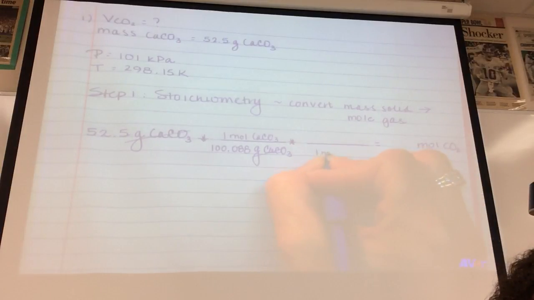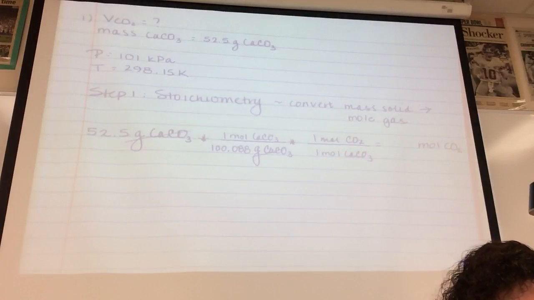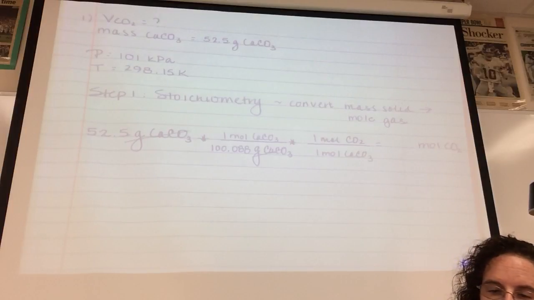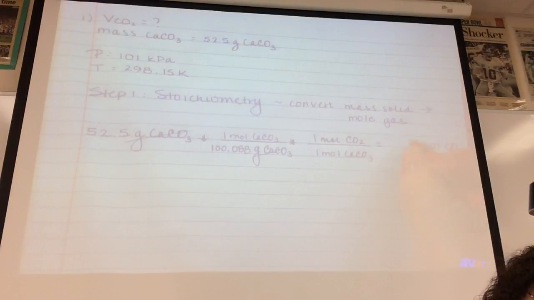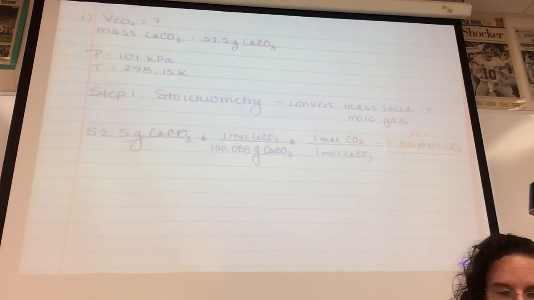This one was given. You have 1 mole of calcium carbonate to 1 mole of carbon dioxide. And so that's going to be 0.525 moles of carbon dioxide. That is my N that will feed into the ideal gas law.